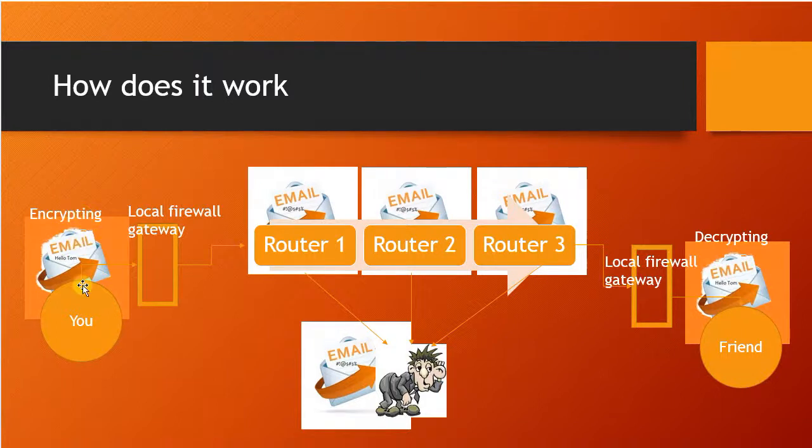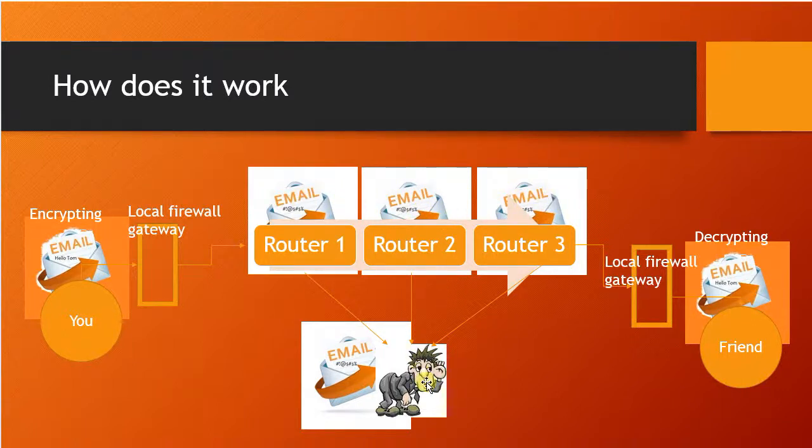So the encrypting happens on your end. After you finish your writing, you enable encrypting, so the email content is not visible anymore. On the routers it is not visible anymore.